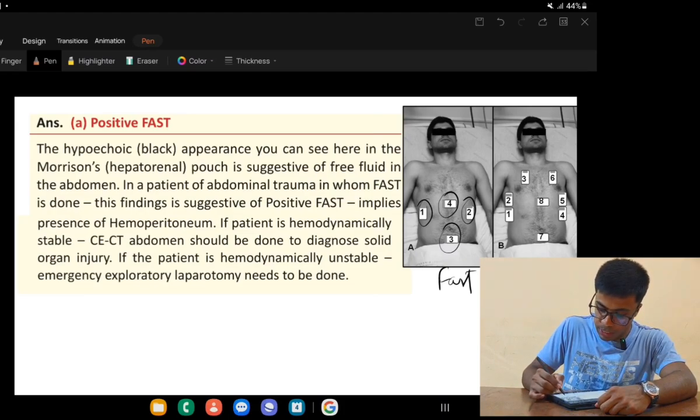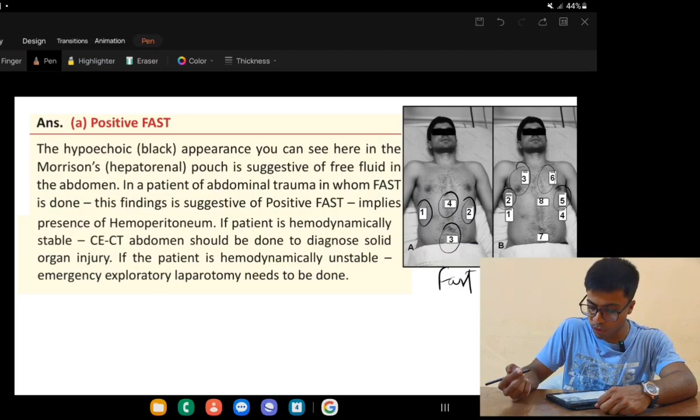Along with the pericardial area, we add the chest views: right upper chest, left upper chest, and lower chest area, to see the collection of fluid.